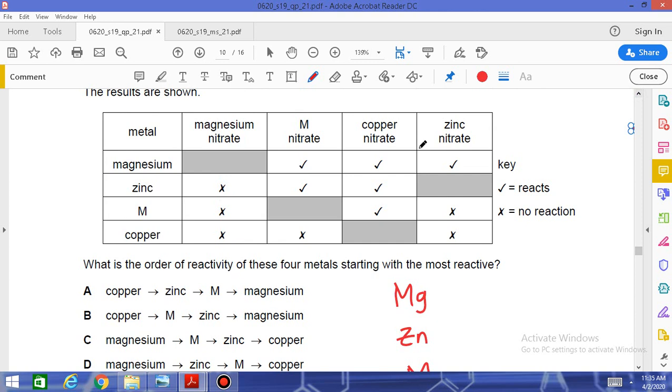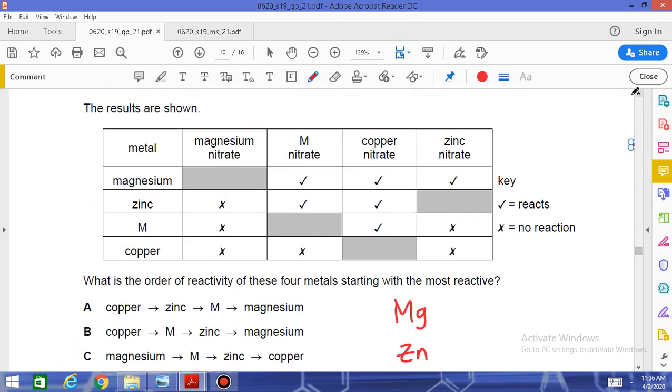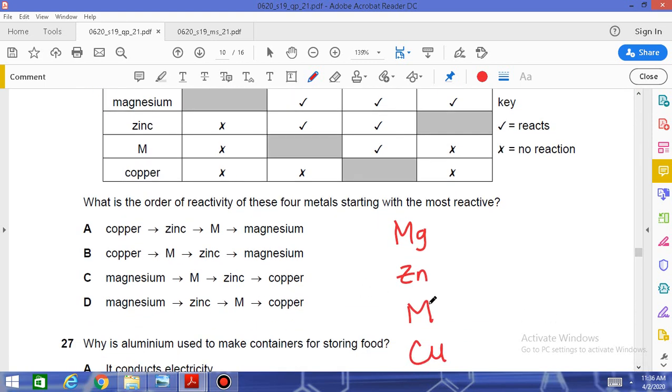Okay, let's see what's next. M cannot displace magnesium. Yeah, of course, because M is less reactive than magnesium. M is below magnesium. M can displace copper. So I can put copper here below M. M cannot displace zinc. Okay, so it's correct.